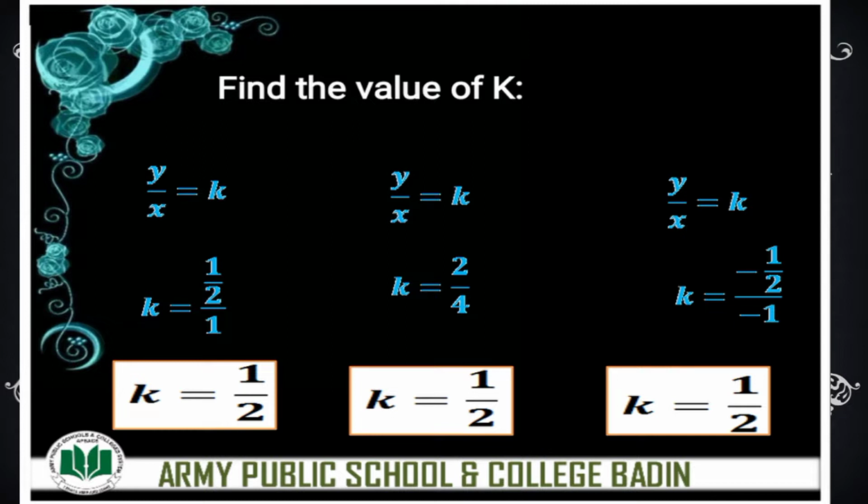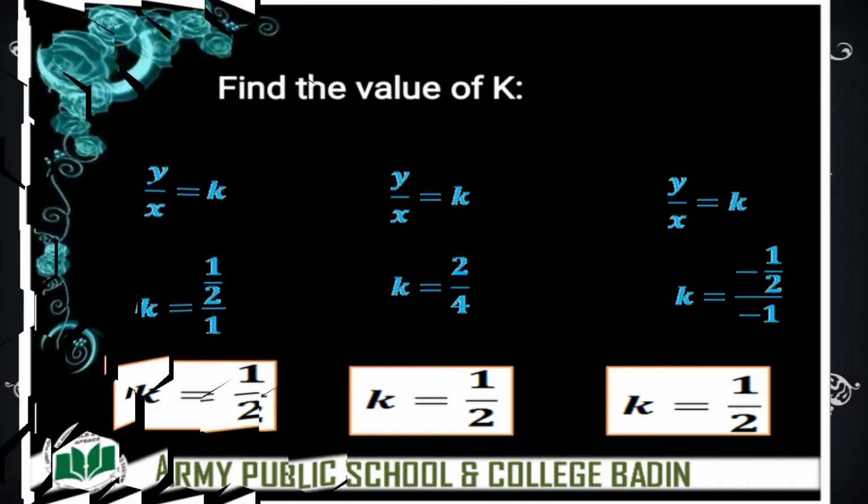In the second case, we put y as 2 and x as 4, then the value of k will be 1 upon 2. And in the third case, we put y as minus 1 upon 2 and x as minus 1, so our answer is 1 upon 2. So we can say that in proportionality all the ratio values will be the same.